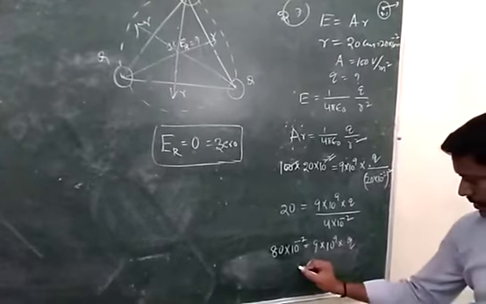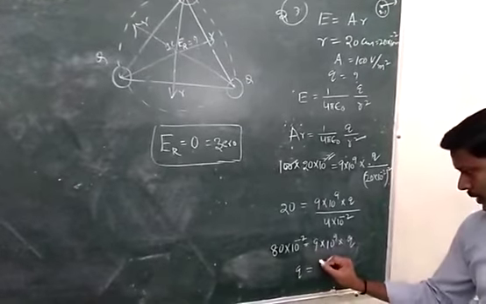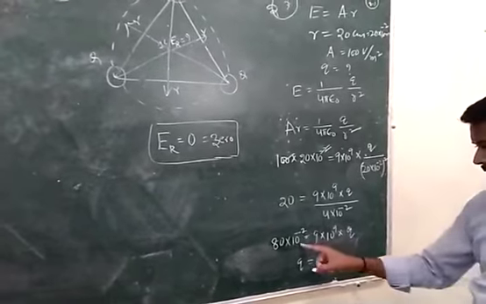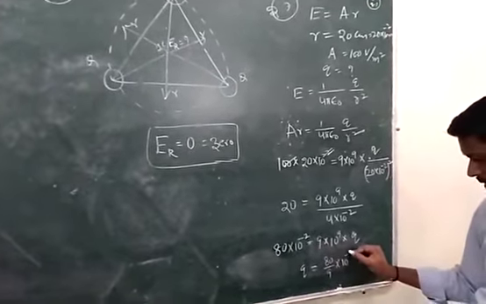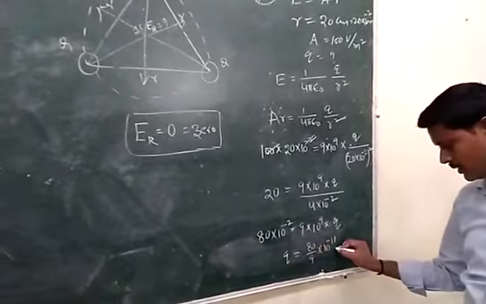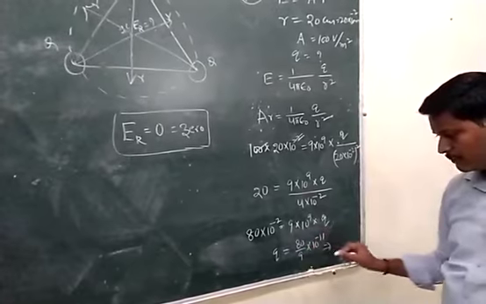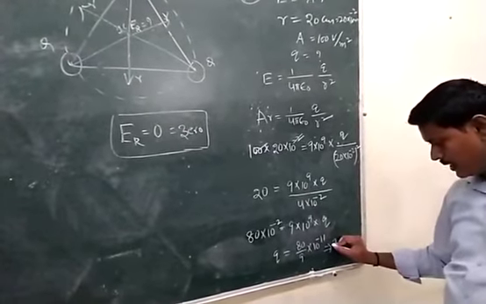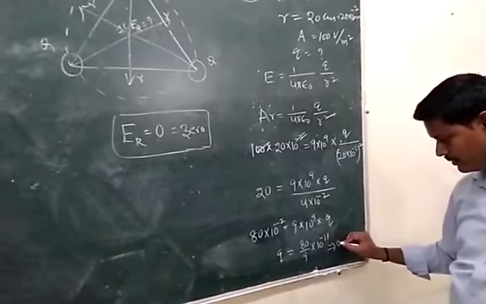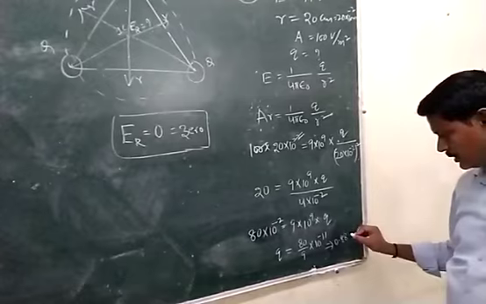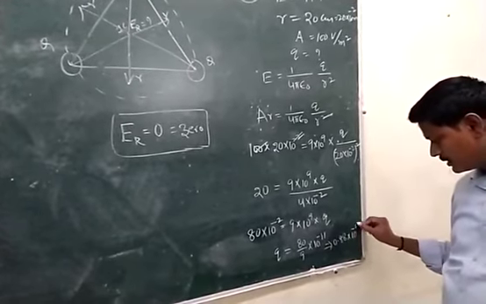So q is equal to 80 divided by 9 into 10 power of minus 11, that is 0.88 into 10 power of minus 11.